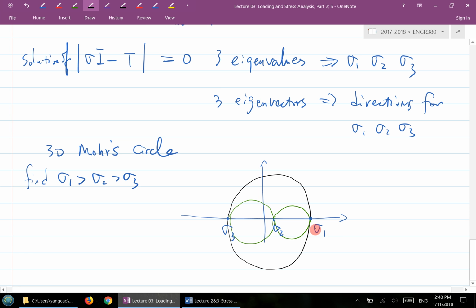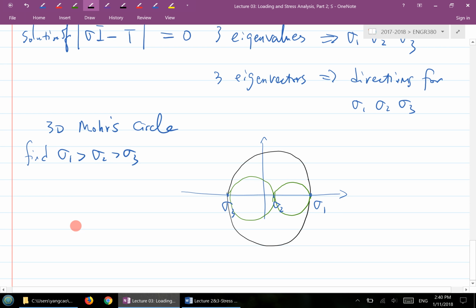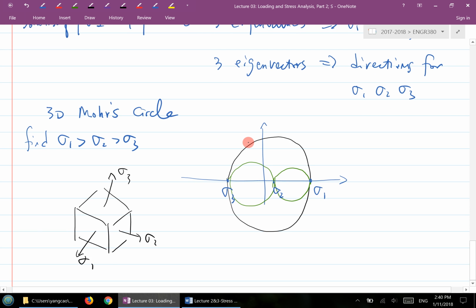How you interpret it is this: if you want to observe how the state of stress changes, you rotate the stress element about sigma 1, and you observe a change of state of stress on this circle here.